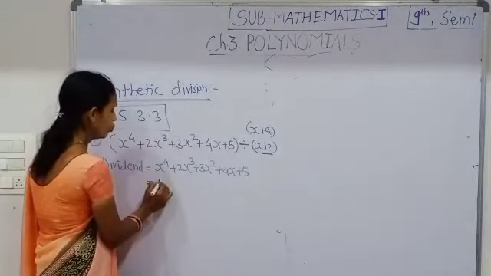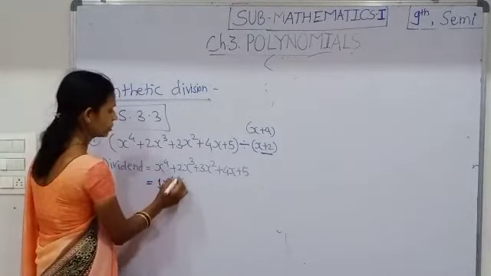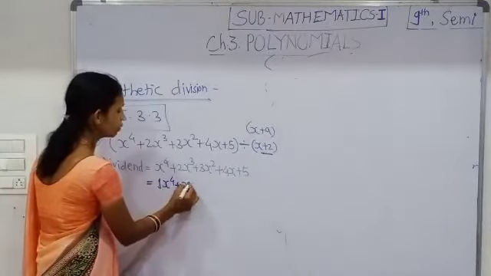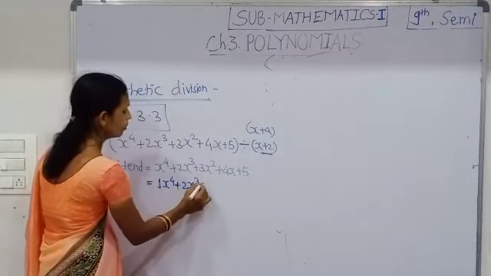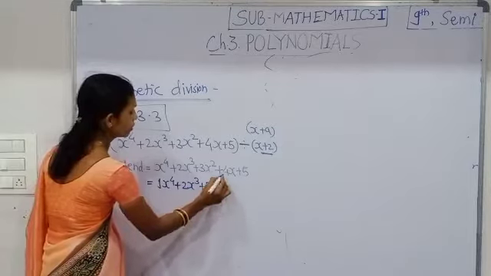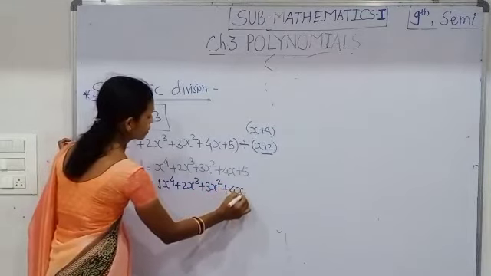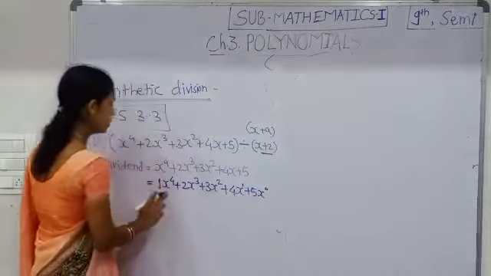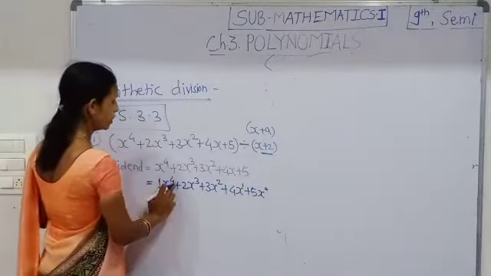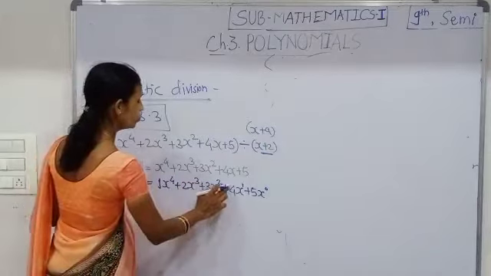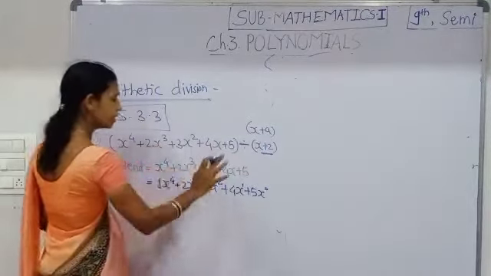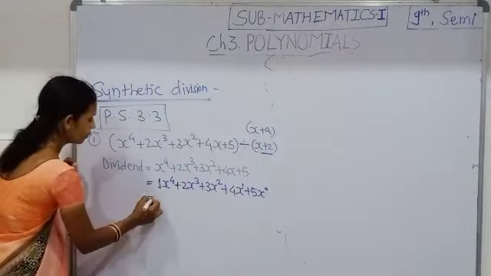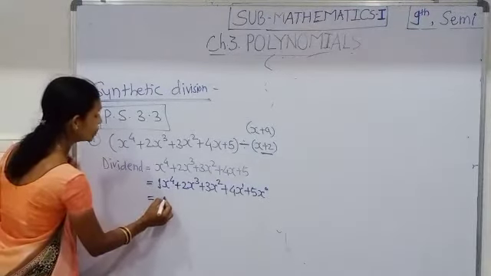Then see here, 1x raised to 4, plus the cubic term 2x cube, plus 3x square plus 4x plus 5x raised to 0. Then see here the degrees are 4, 3, 2, 1 and 0. All terms are there. Therefore, first of all, we have to write the coefficient form.